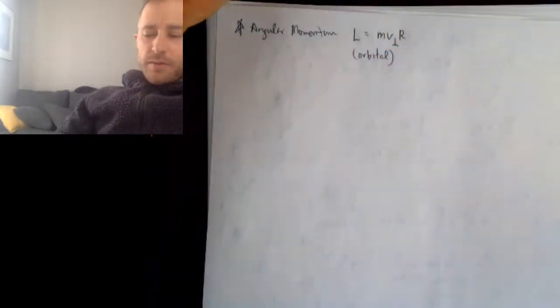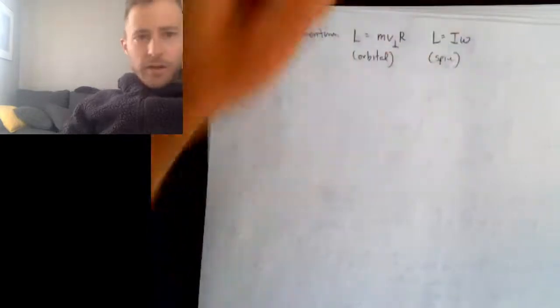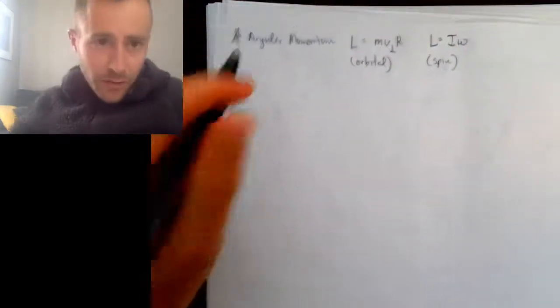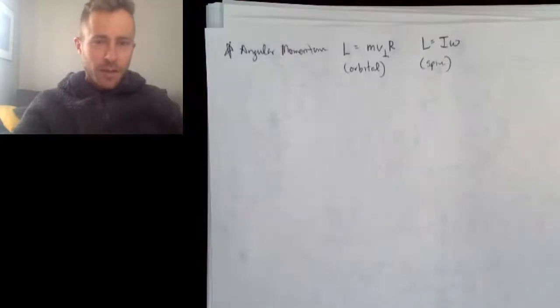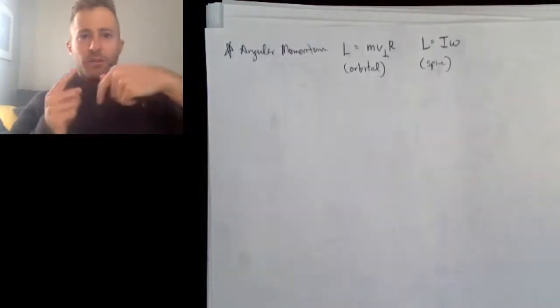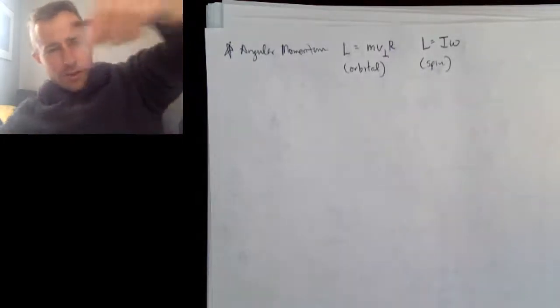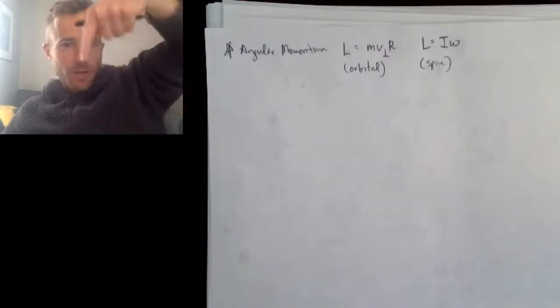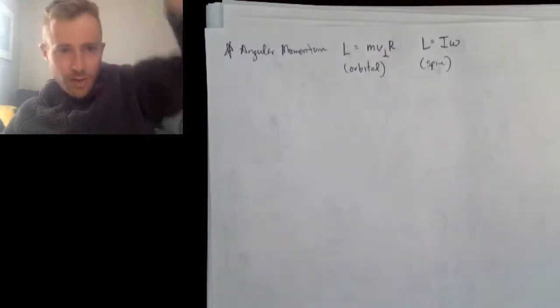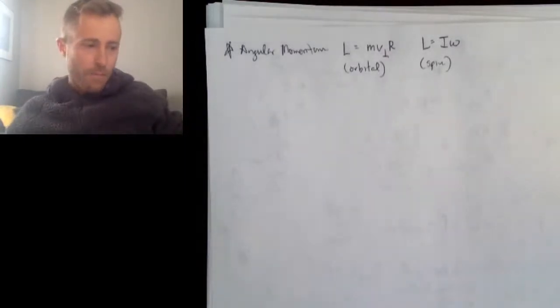Then you have spin angular momentum, which is I omega. The Earth also has spin angular momentum because it's spinning about its axis. So the total amount of angular momentum of the Earth is the angular momentum of its revolution around the sun plus the angular momentum of its spin about its axis.